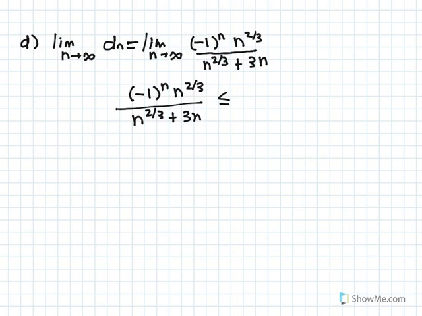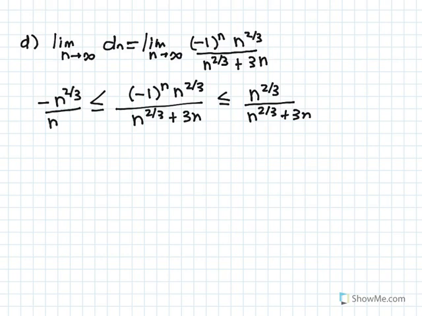The most it can be is plus 1, the least it can be is -1. So we get n to the 2/3 divided by n to the 2/3 plus 3n. And -1 raised to an odd power is going to be -1. So we get minus n to the 2/3 divided by n to the 2/3 plus 3n.